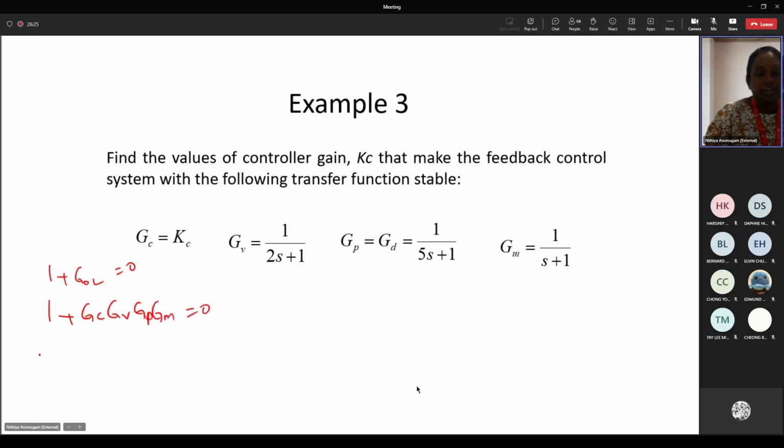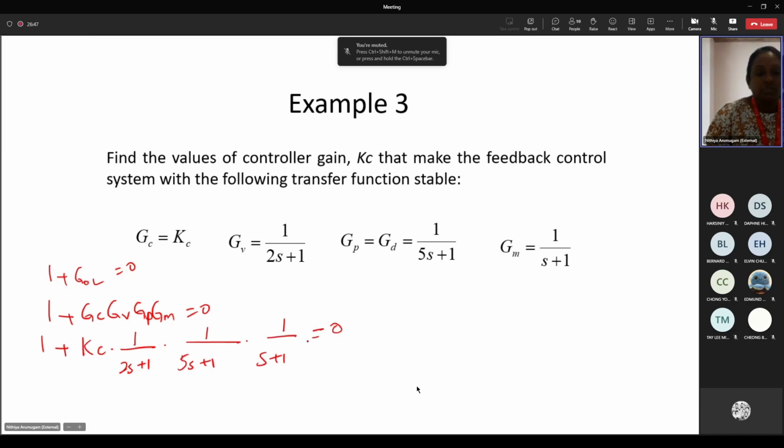So 1 plus Gc, which is Kc, Gv is 1 over 2s plus 1. Everything is expressed in terms of the s. So Gv is done. Gp is 1 over 5s plus 1, and Gm is 1 over s plus 1, equals 0.